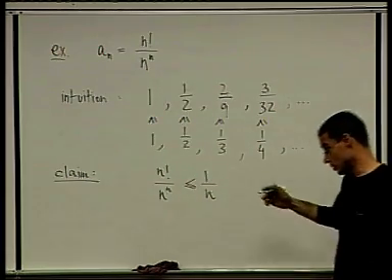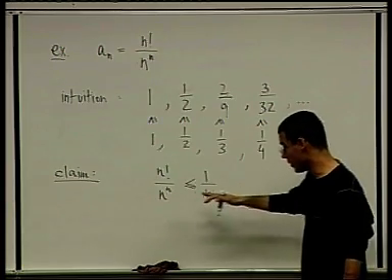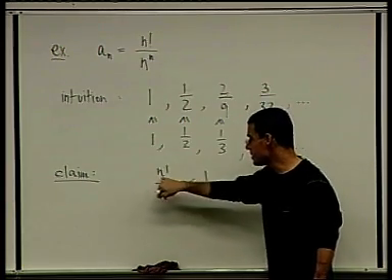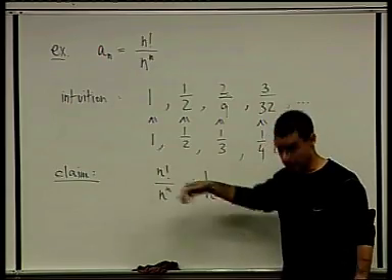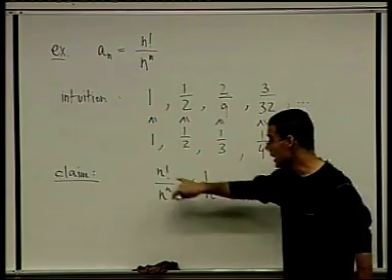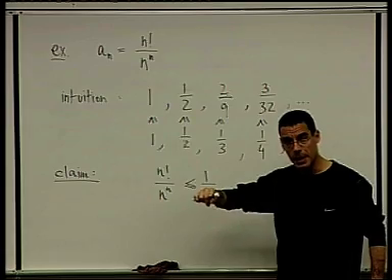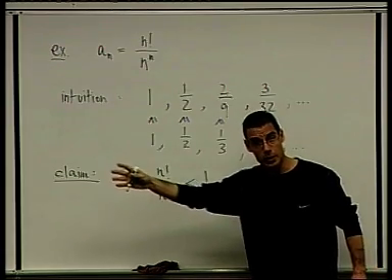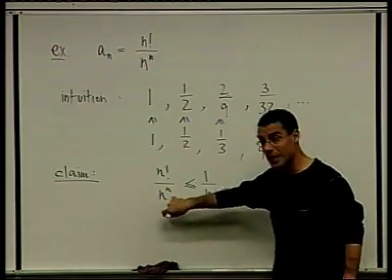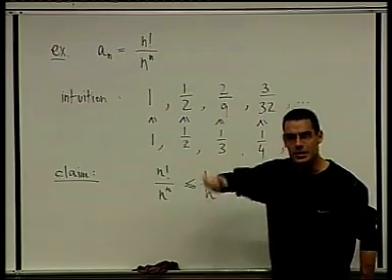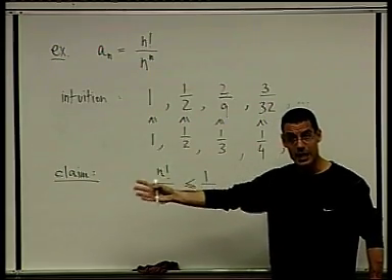Let me repeat that in case it was not clear. The statement is, I'm going to say it for n, not for 5, n factorial is n times n minus 1, n minus 2, n minus 3, and so on. Whereas n to the power n is n times n times n times n, n times.